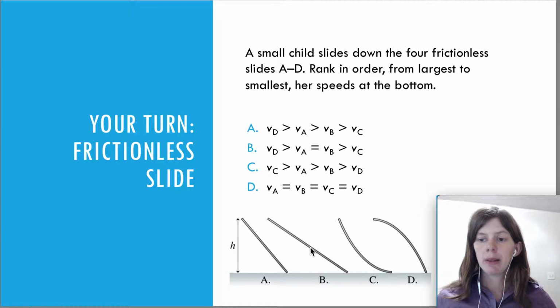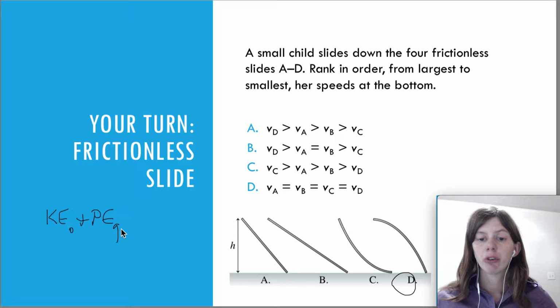So you may think, oh, D is steeper, or whichever one's steeper, she's going to go faster on that one. But remember conservation of energy. If there's no friction, then that means that the initial energies equal the final energies. So I'll just write KE initial plus PEG initial.